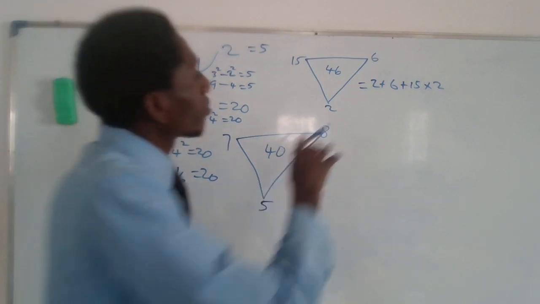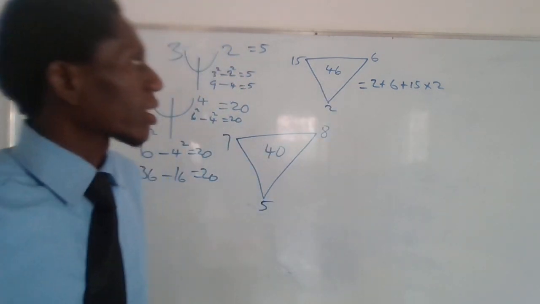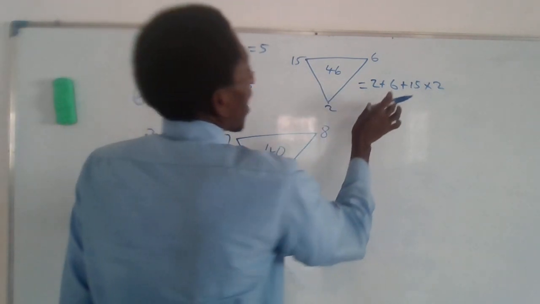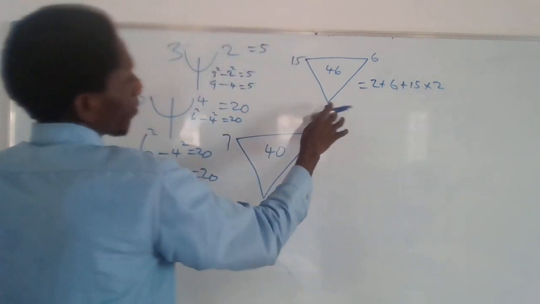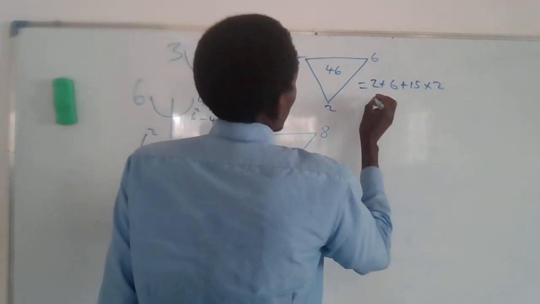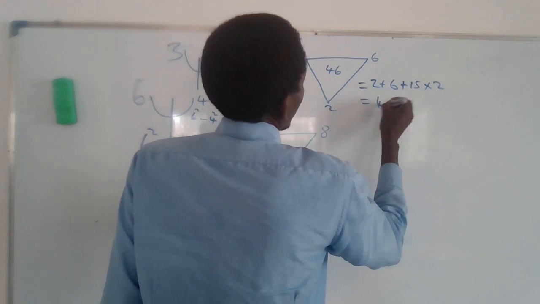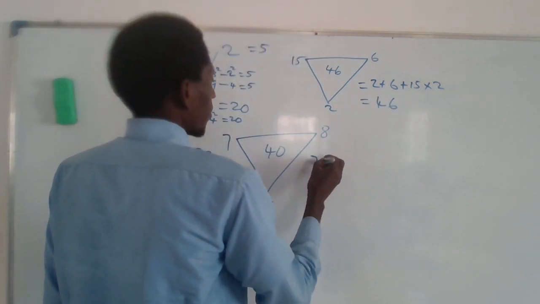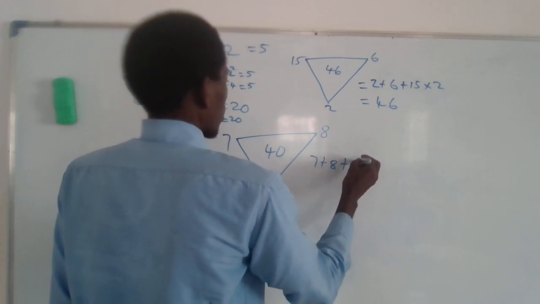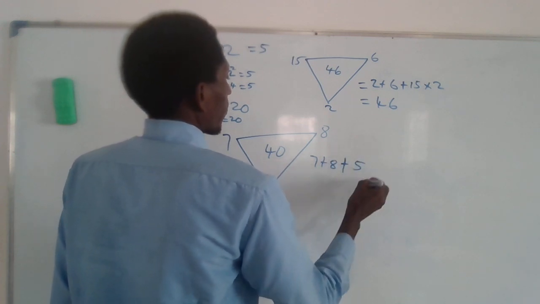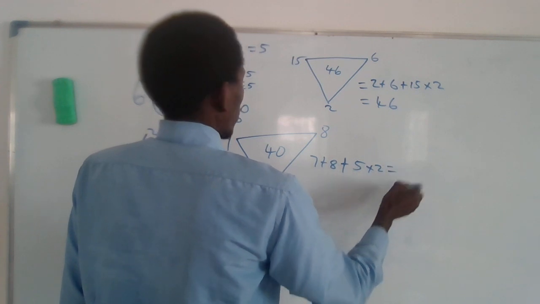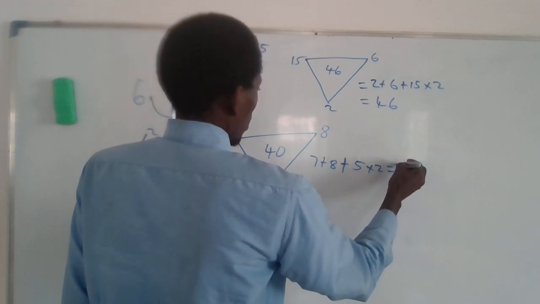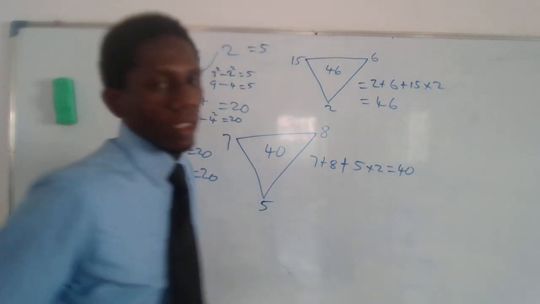If I do this, I am going to have 46. Then I come here, the same: 7 plus 8 plus 5, then times 2 also gives me 40.